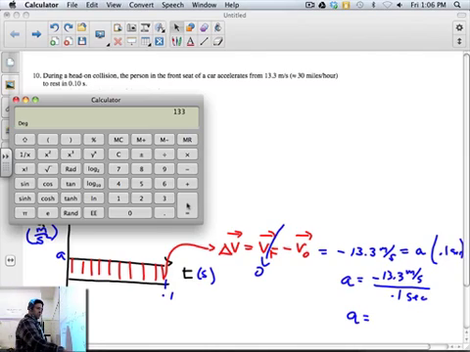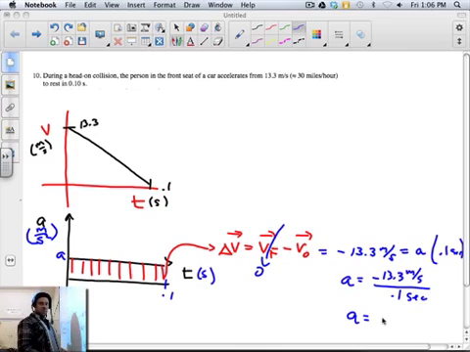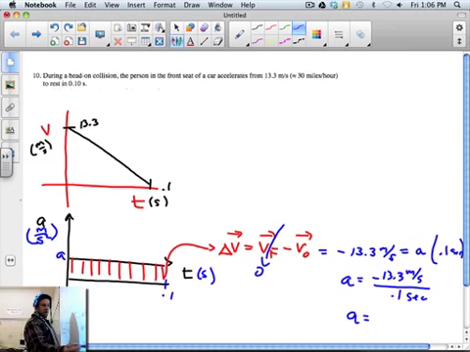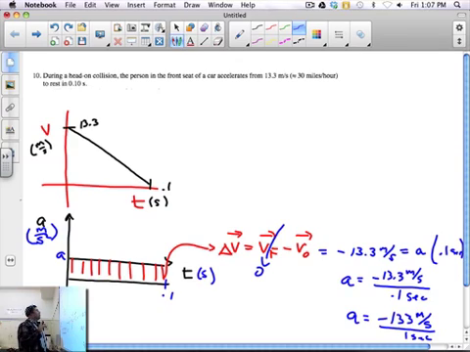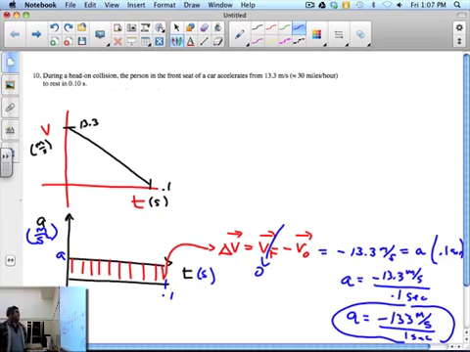Okay, so negative 133 meters per second in 1 second, meaning that each second that passes, this car would be slowing down at a rate of 133 meters per second. Now, it's extremely large.